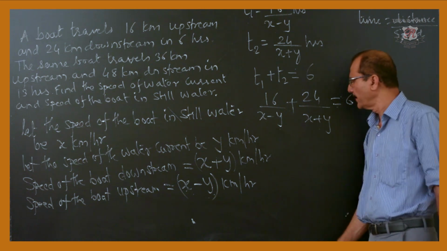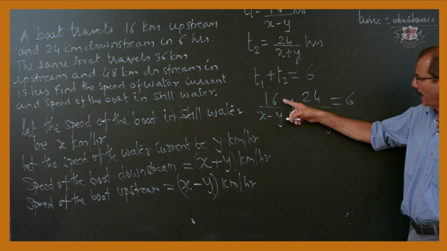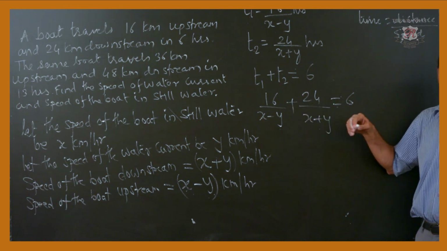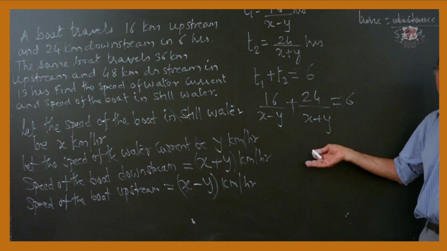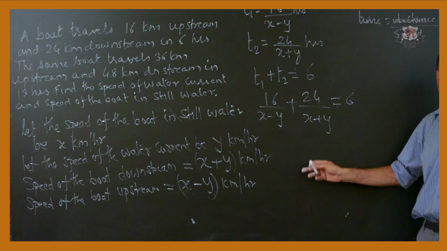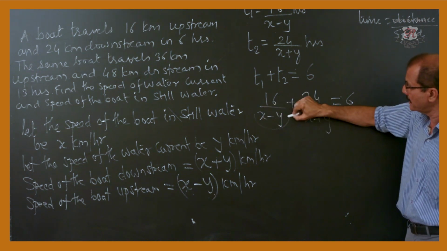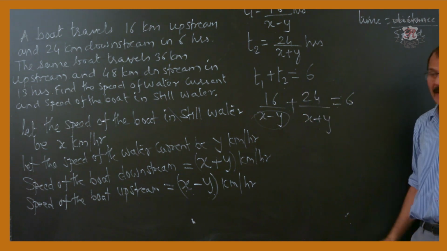What I will be doing is, I will substitute. You know how to reduce a non-linear equation to a linear equation. Last lecture I explained, you take the variables which are in the denominator. So, 1 upon x minus y as a.